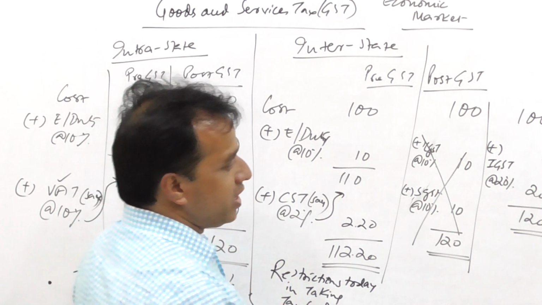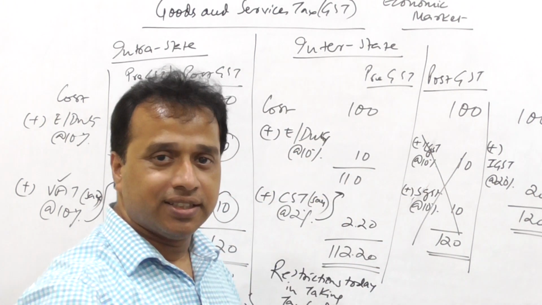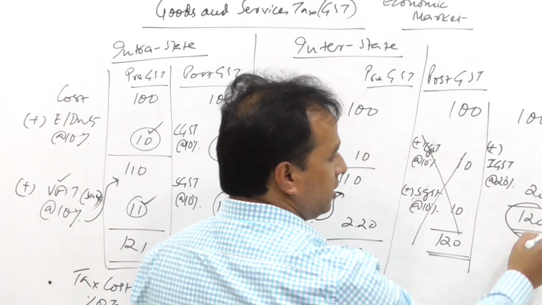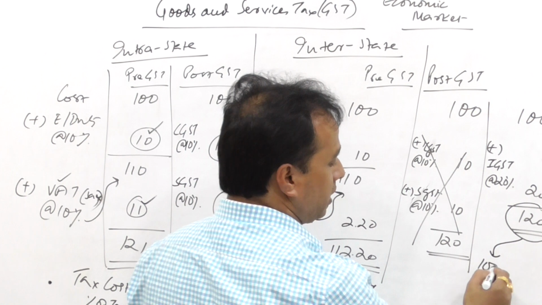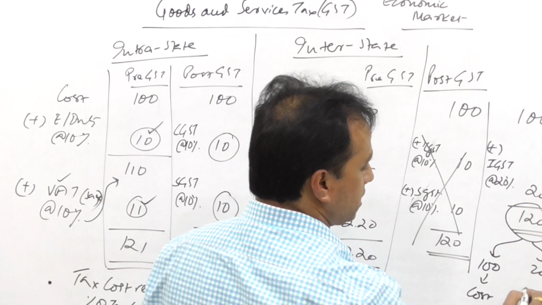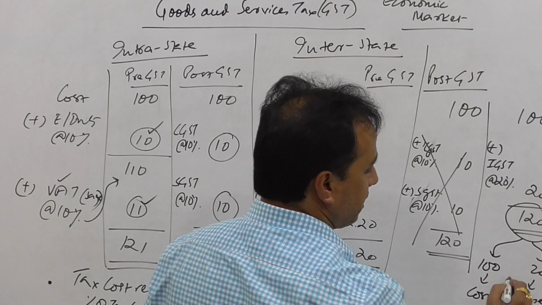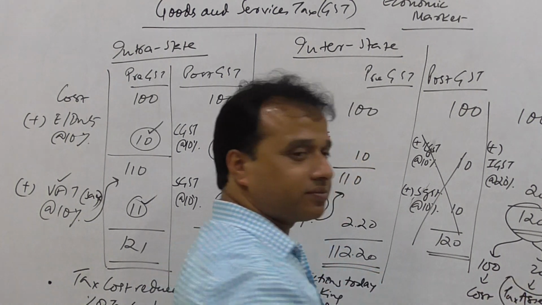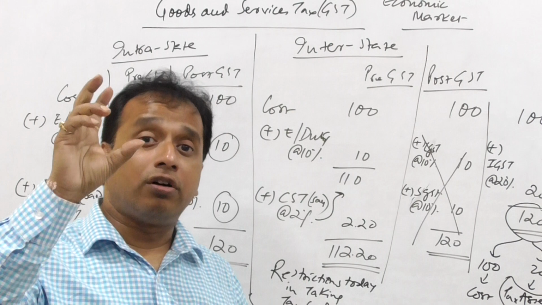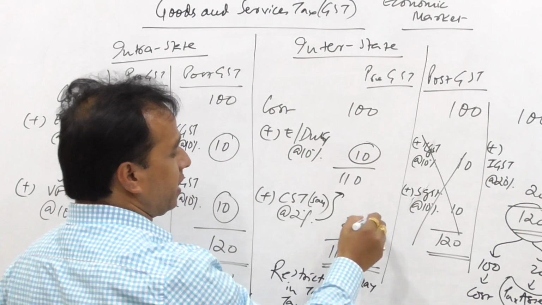So therefore, the person to whom I have sold it, he has paid me 120, true, but out of this 120, 100 is his cost and 20 rupees is his asset. Which asset is this? This is the tax asset. He can take the credit of these 20 rupees, which he cannot take the credit today.